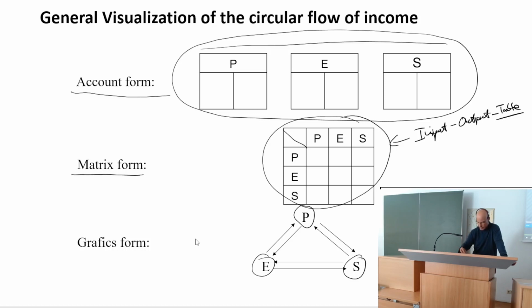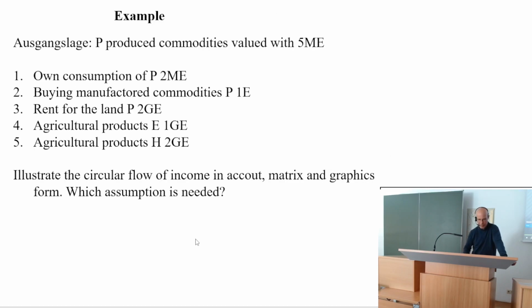Well, this is still quite abstract, but now we want to start with an example. So within the agricultural sector, there we have produced, right now it's October, they all come in and they have commodities produced with 5 money units.